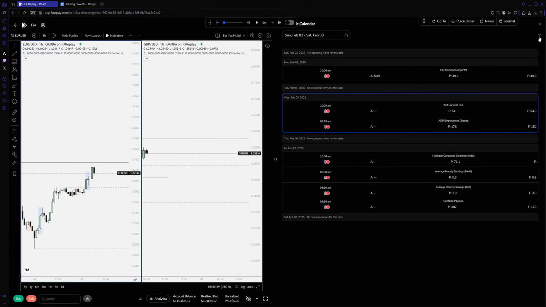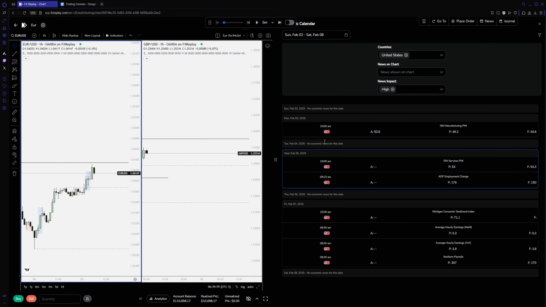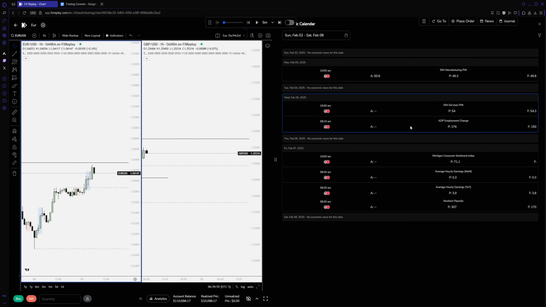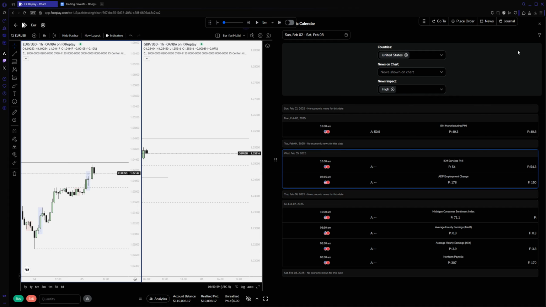Wait a minute, so red means high impact, so medium... Oh, medium is yellow. I didn't know that. Okay, cool. Let's just focus on the high impact. So, high impact news at 8:15 and 10 o'clock. We'll take note of that for sure.